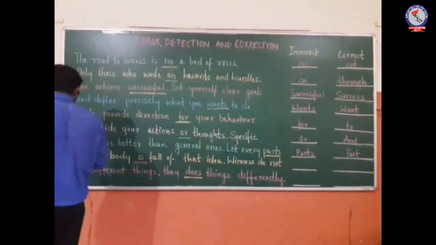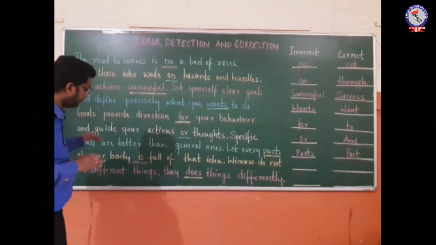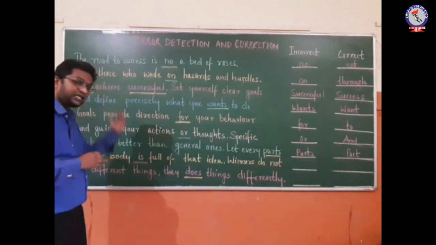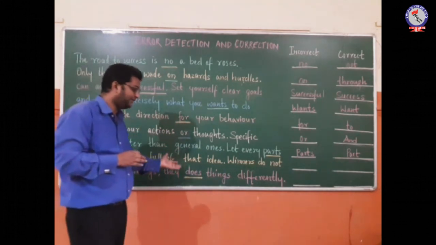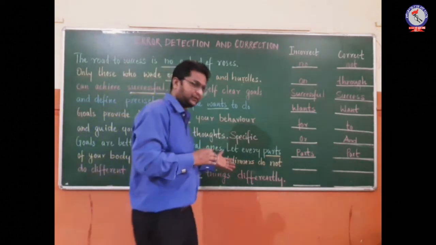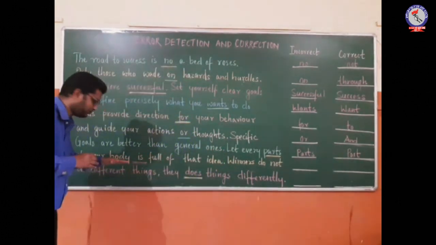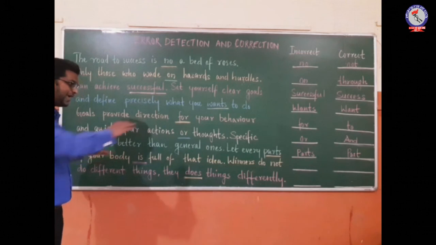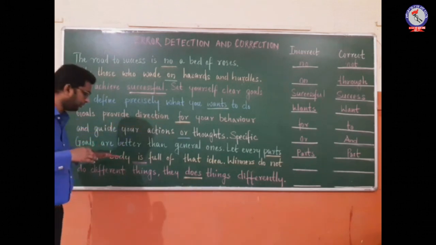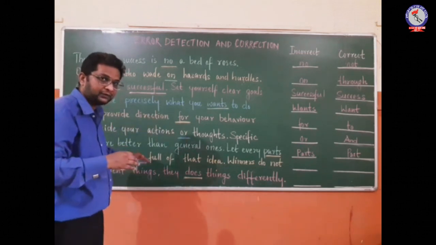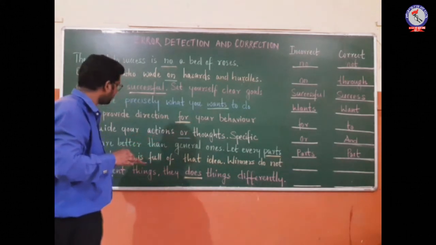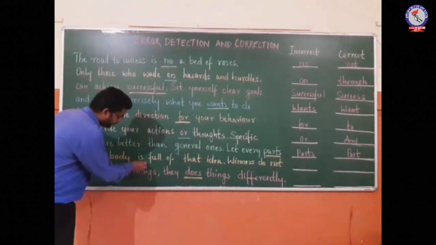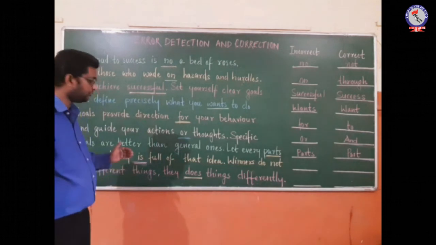The next one. Of your body is full of that idea. Now you see here something different. Let every part of your body is full. Grammatically incorrect. So "is" is the incorrect word.